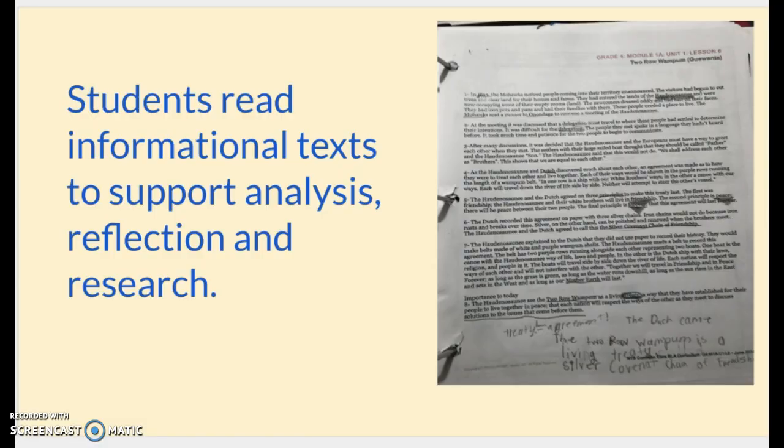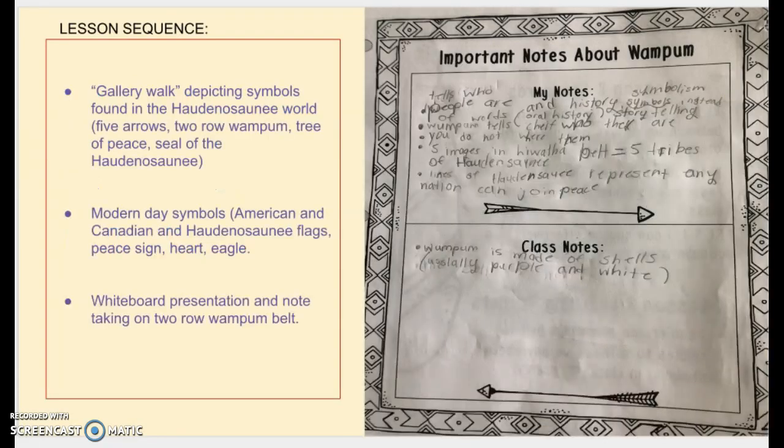First part of a lesson I'm going to show is the reading that students did regarding a 2-row wampum, and they took their understanding of the text and reflected and made a personal connection. After a gallery walk of several symbols, students saw symbols of 5 arrows, 2-row wampum, they saw a tree of peace, seal of the Haudenosaunee.